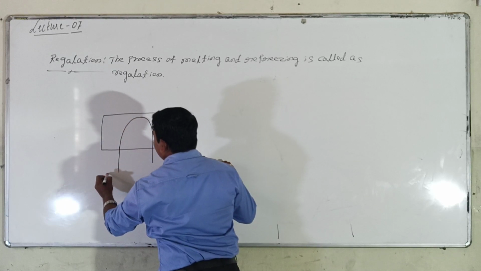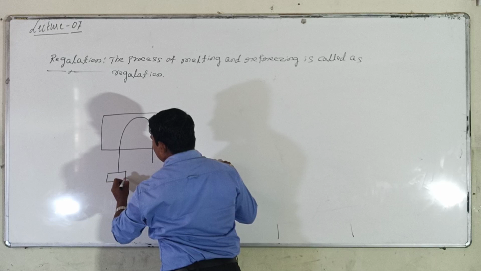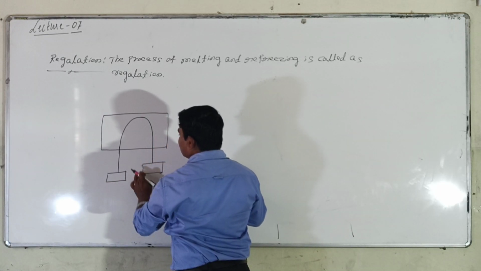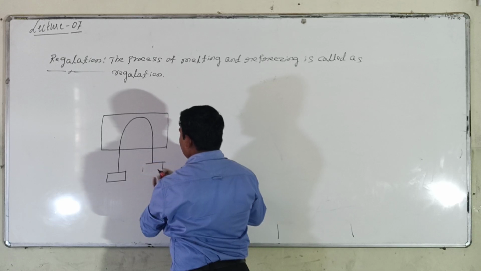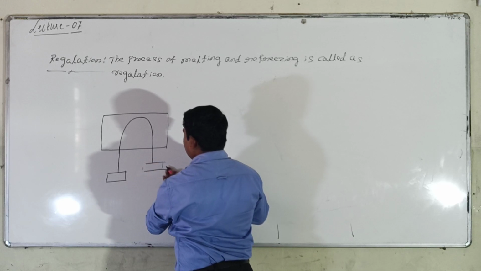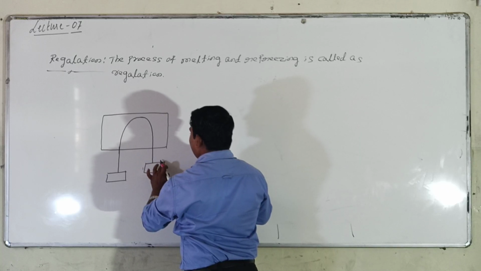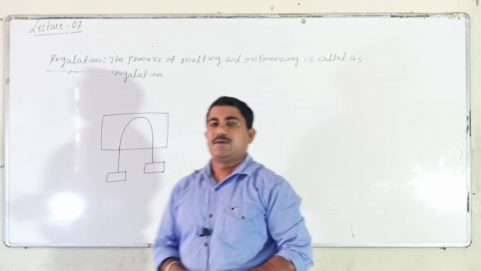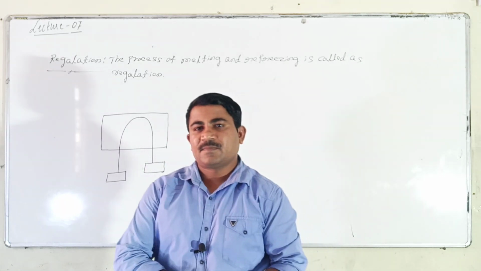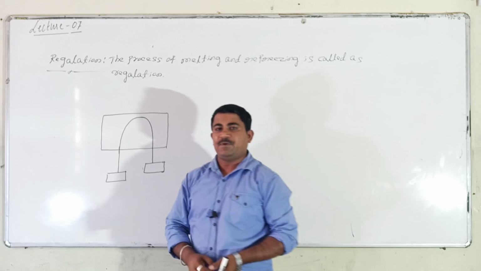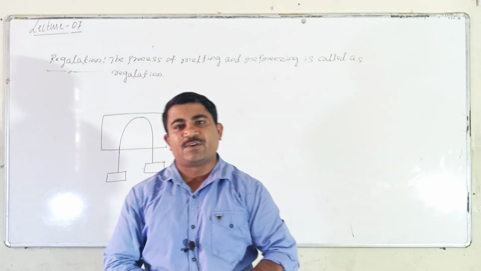This is a 10 kg mass. This also is a 10 kg mass. Remember, both are the same mass. Both 10 kg masses are available. After some time, this hanging wire passes across the ice cube without breaking the ice cube.